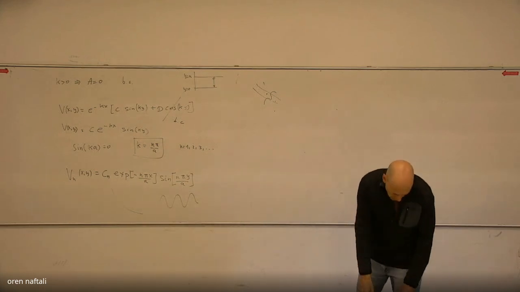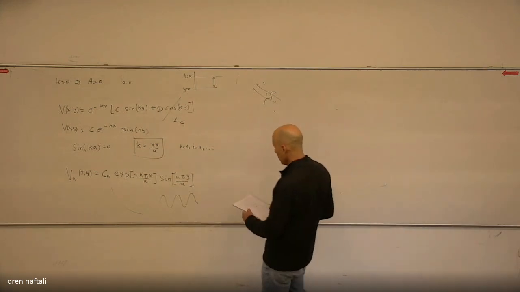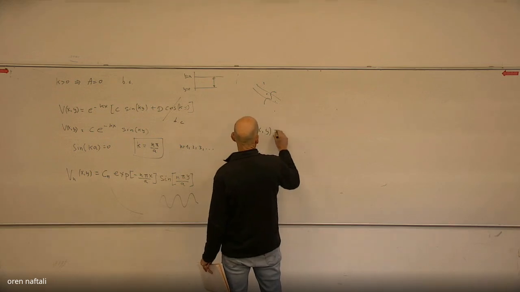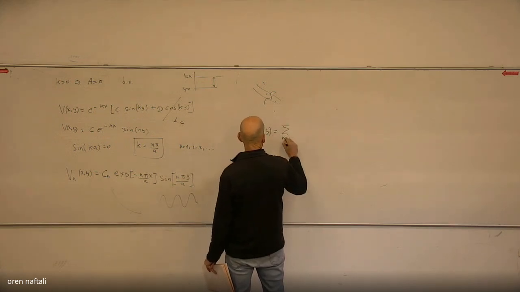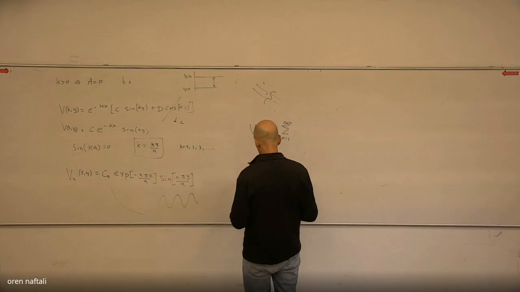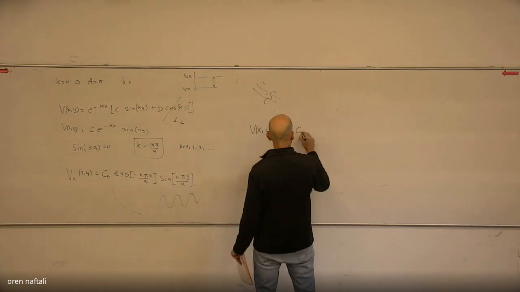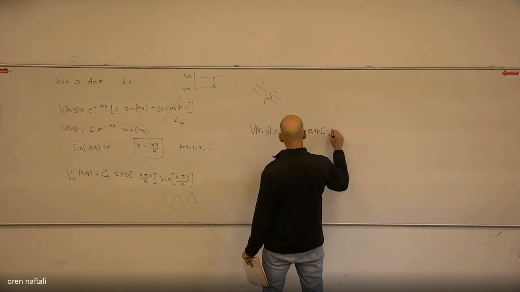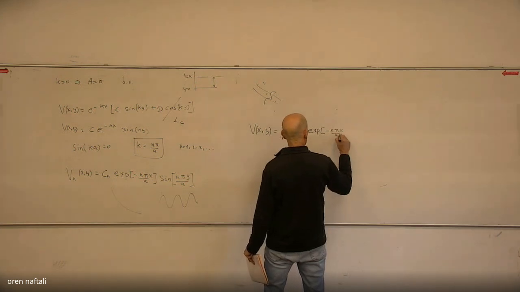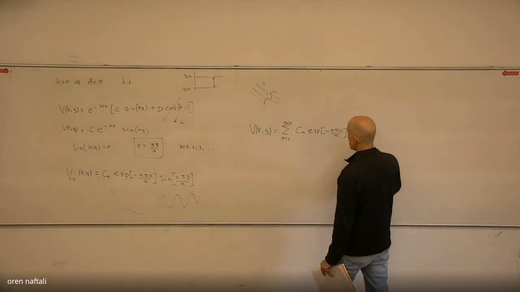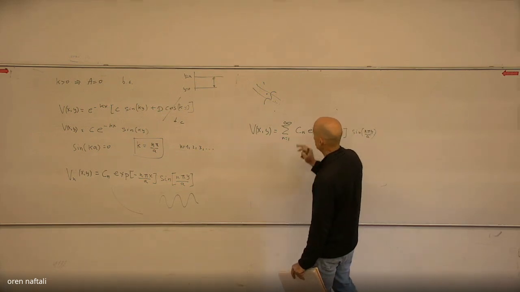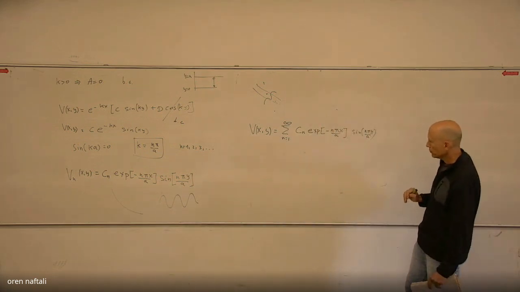So we can write as a superposition V of x, y, sum over the n from 1 till infinity in principle, C_n exponential minus n pi x over a, sine n pi y over a, with infinite number of unknowns.